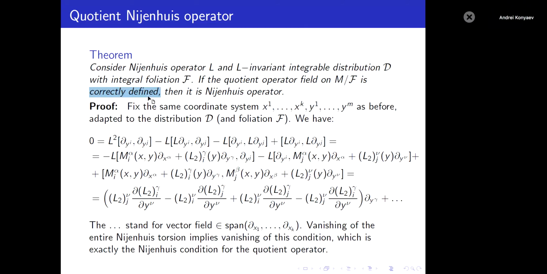This is independent of Nijenhuis. If those three hold, then it becomes a new Nijenhuis operator on M over F. This condition is linear algebra. This one is differentially geometric, and this one is differentially geometric.